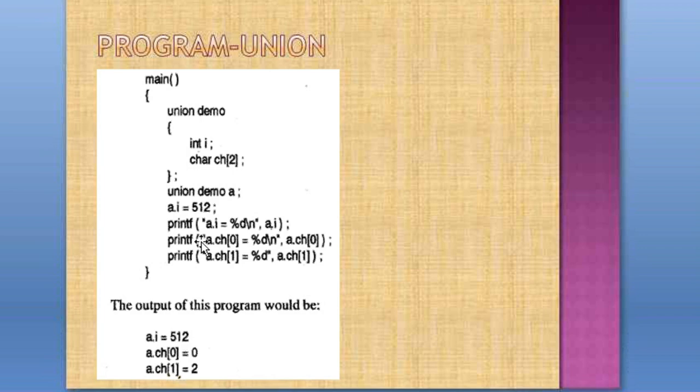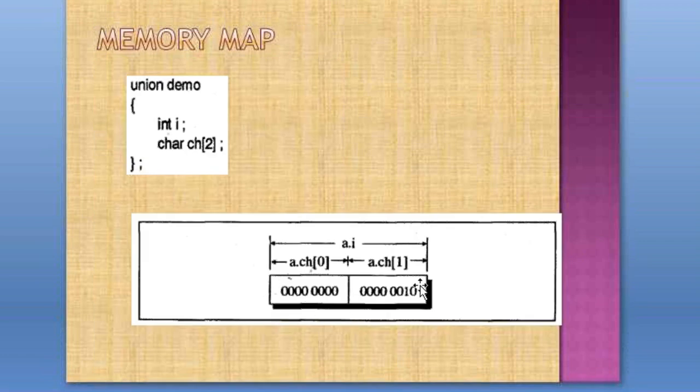But what about ch of 0 and ch of 1? Here you can see ch of 0 is 0 and ch of 1 is 2. Why is it so? Because in a union there is sharing of memory. 1 byte is shared by ch0 and 1 byte is shared by ch1.